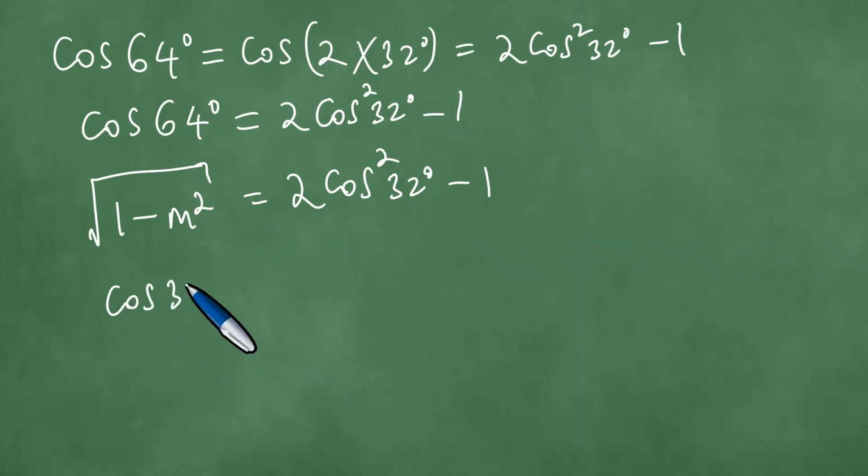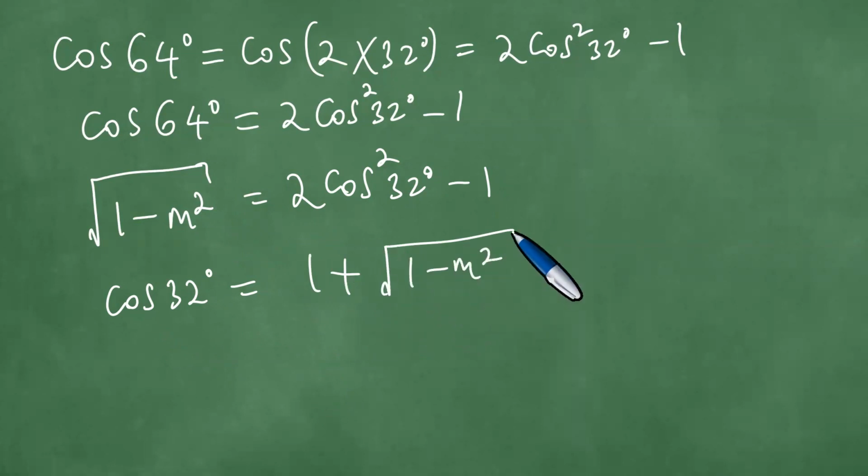So you have 1 plus the square root of 1 minus m squared, so that you have 32 degrees. You divide by 2 and you take the square root.